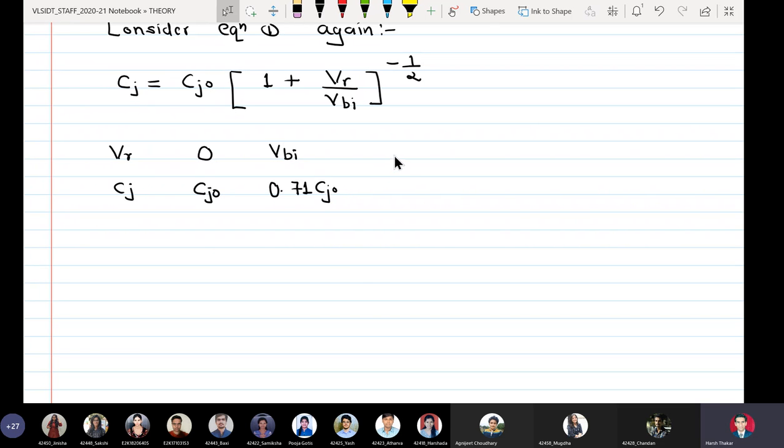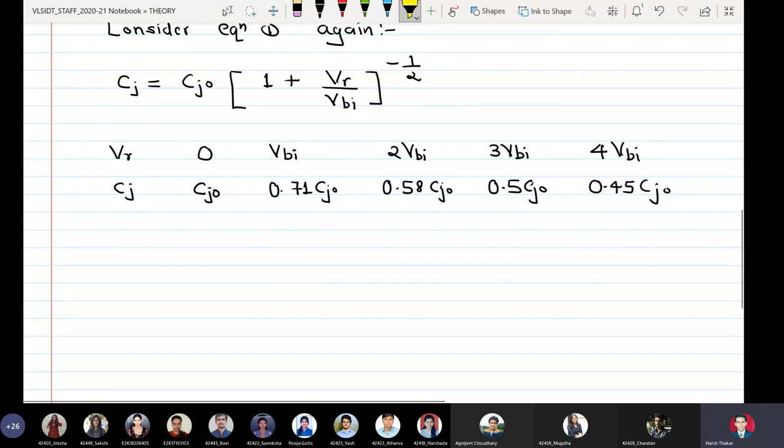Cj0. If the value of VR is 2 times VBI, we get 0.58 times Cj0. If it is 3 times built-in potential, we get 0.5 times zero bias capacitance, and for 4 times VBI we get 0.45 times Cj0.